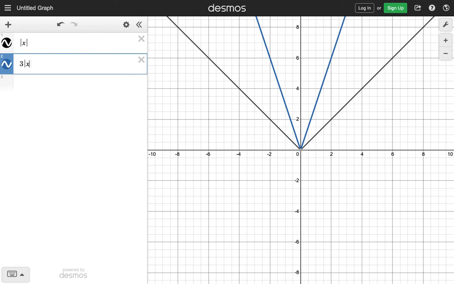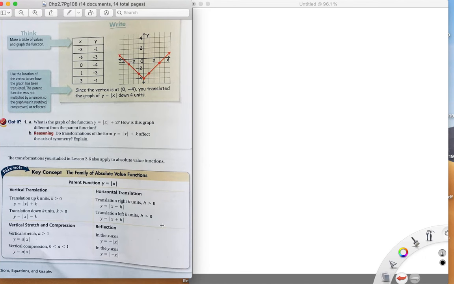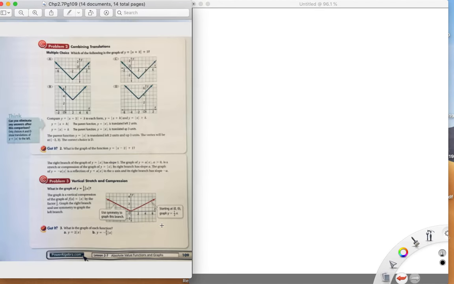It stretches, and if it's between 0 and 1, it shrinks, it pushes out. Compression is the green, stretching is the blue. So we've seen all of that before. This is from 2.6, and we just did that.